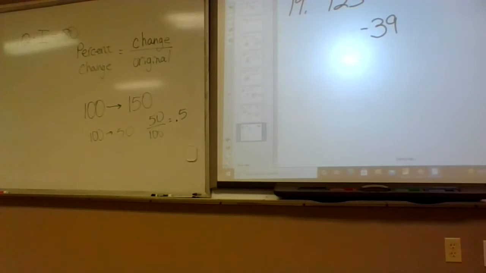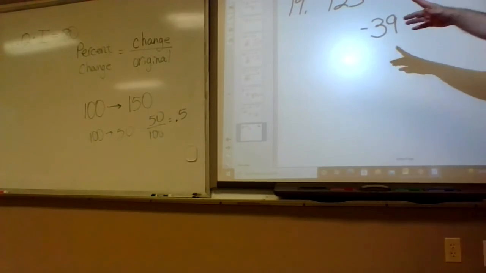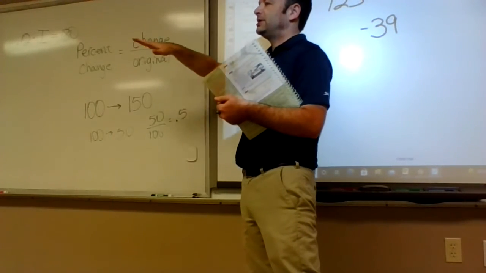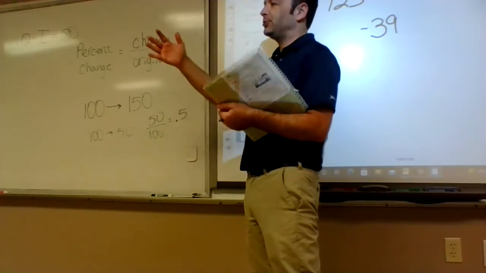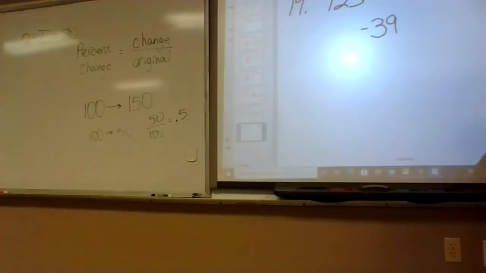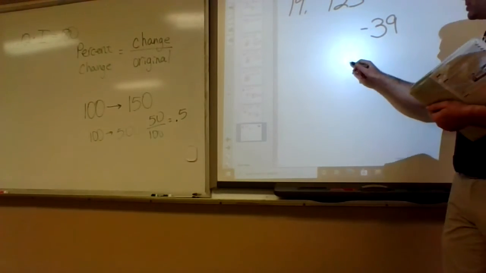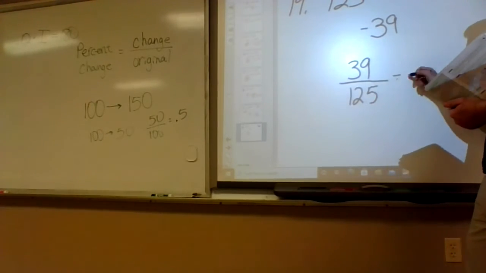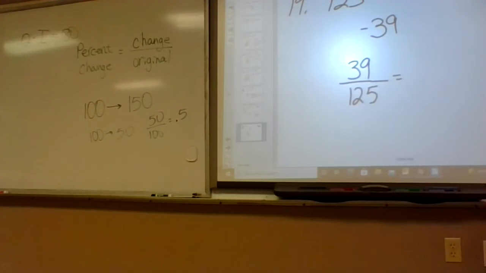I'm not going to plug negative into my formula. It's either going to be a 20% increase or a 20% decrease. I'm not going to call it negative 20%. 39 over 125 is the percent change. What does that come out to? 0.312.